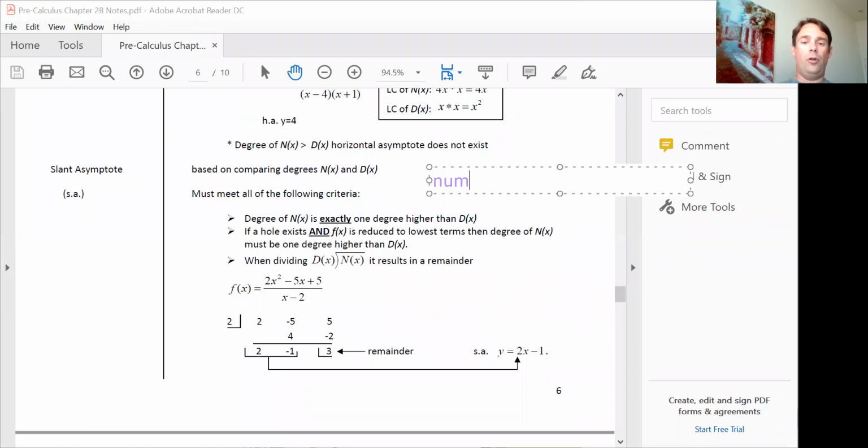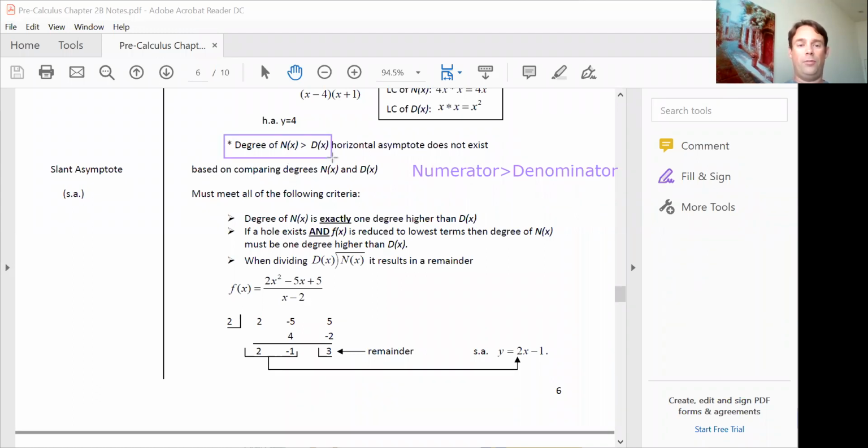What happens if the numerator is greater than the denominator? Well, that's called a slant asymptote. And again, you can see kind of why you can't have a slant asymptote and a horizontal asymptote at the same time, because both of them deal with the degrees. So if the numerator is larger than the denominator, then I have a slant asymptote.